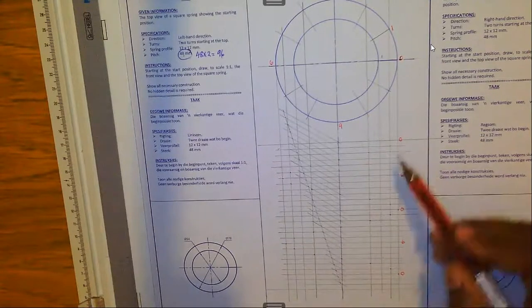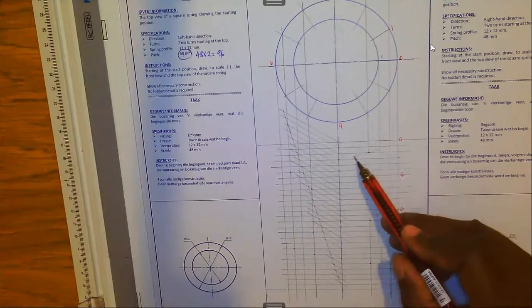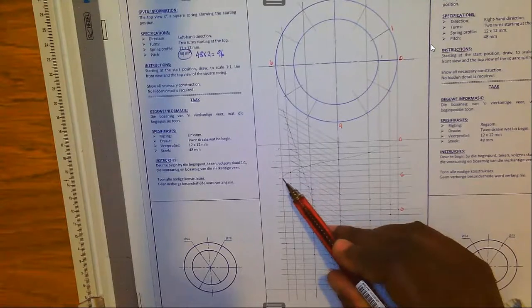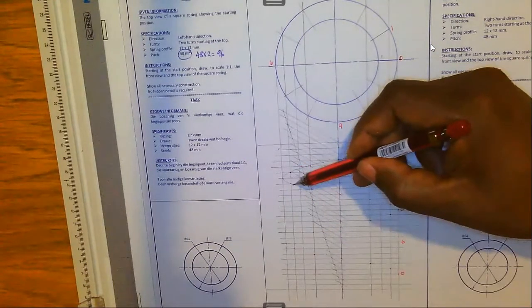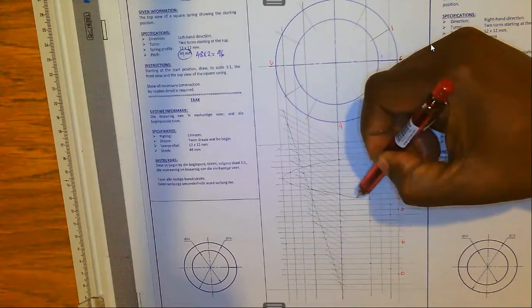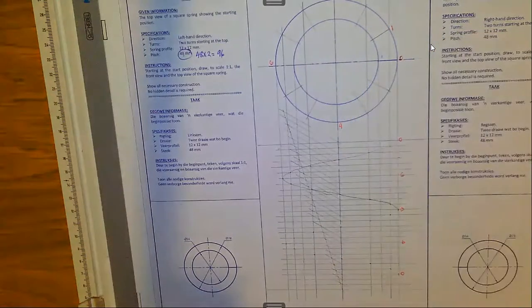Otherwise, you end up making a mistake. So you draw a line like that, a curve. There you go.